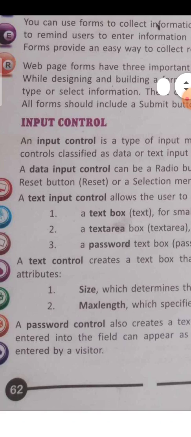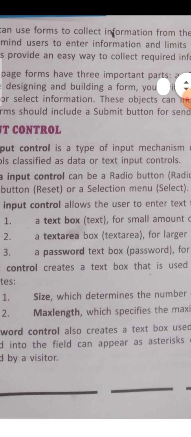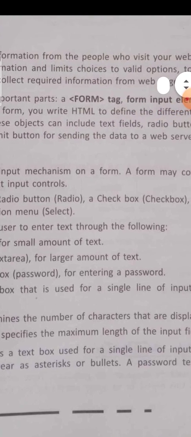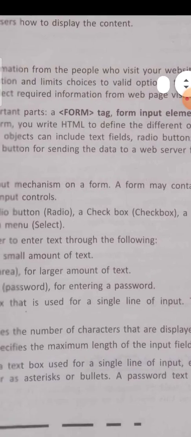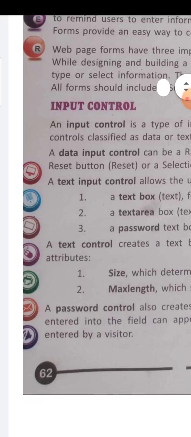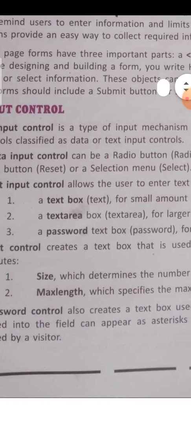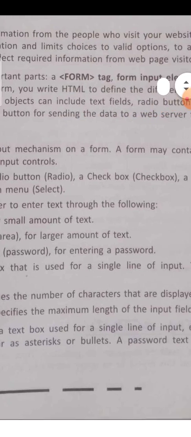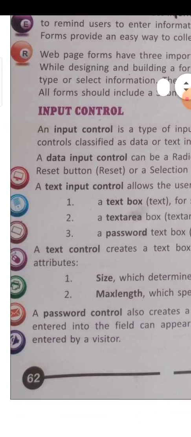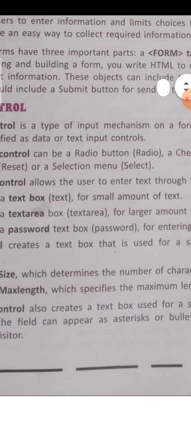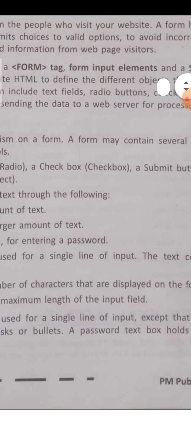A text control creates a text box that is used for a single line of input, and the text control has two attributes. First is size, which determines the number of characters that are displayed on the form, and second is maxlength, which specifies the maximum length of the input field.